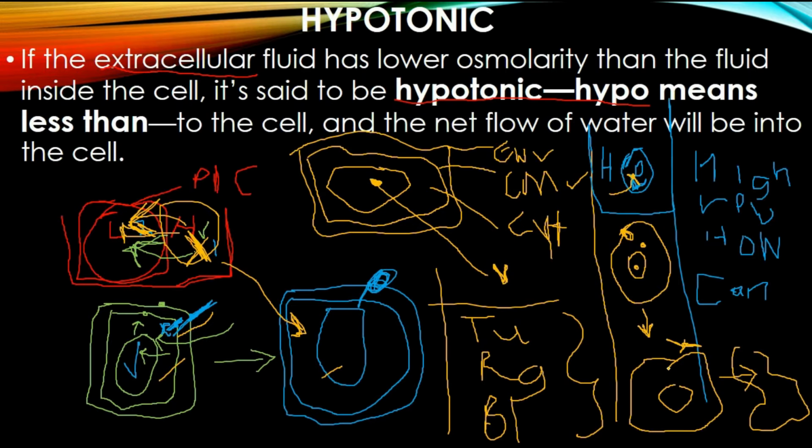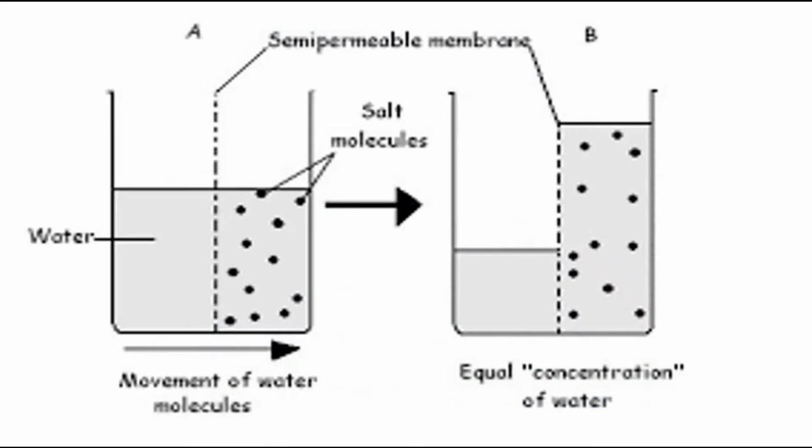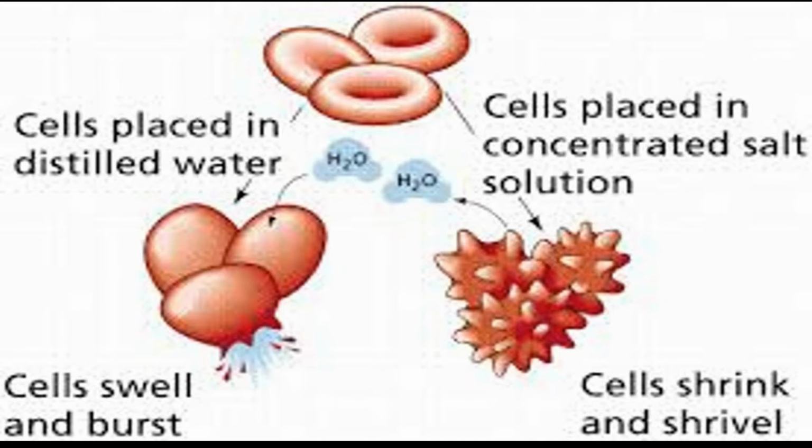All right. Now, in a cell such as your red blood cell, your white blood cell, or so on, all of this can happen. Let me just pull up a diagram to show you. Look here. So here we have our red blood cell. Everybody could see the red blood cell here. If this red blood cell is placed in distilled water, this is what will happen.